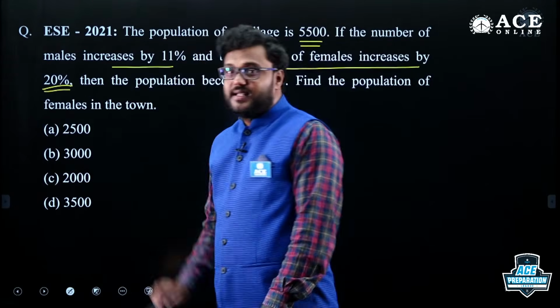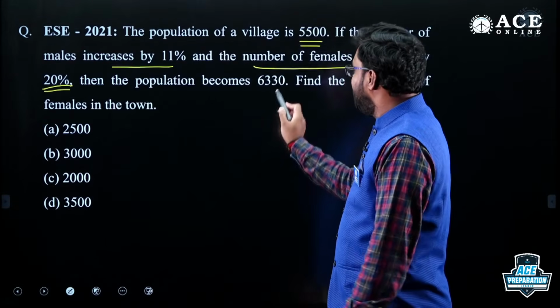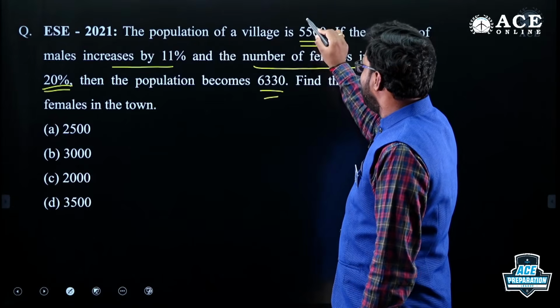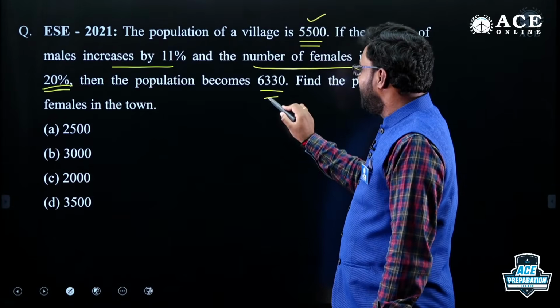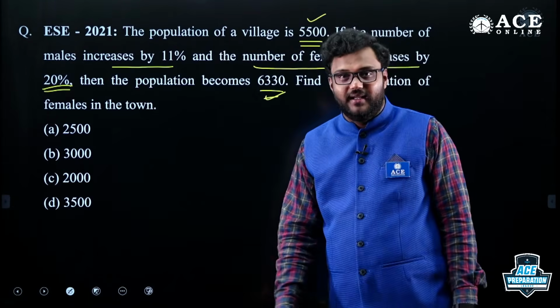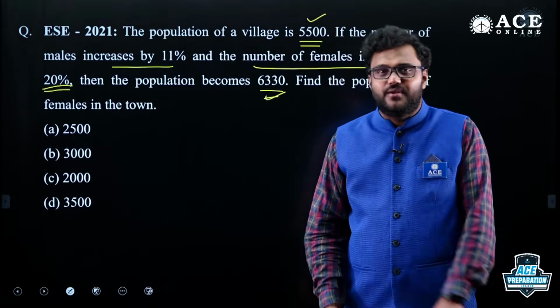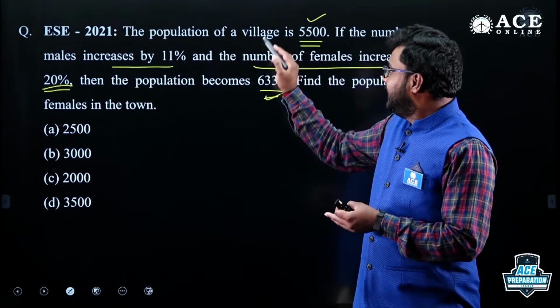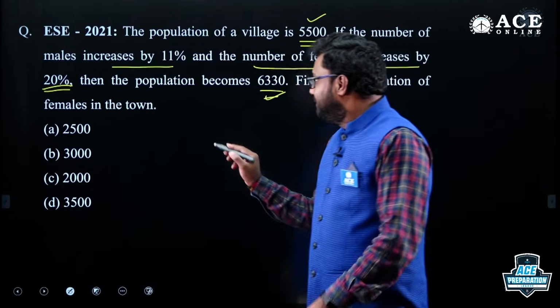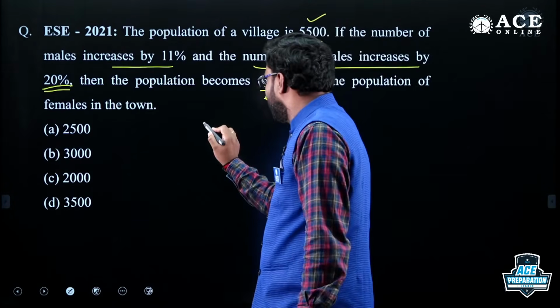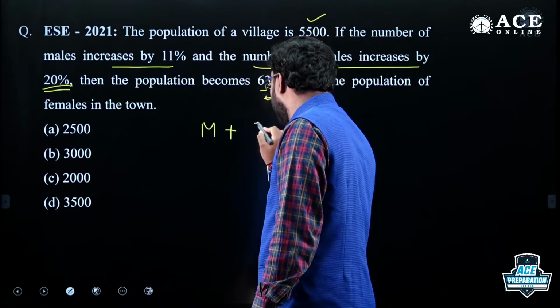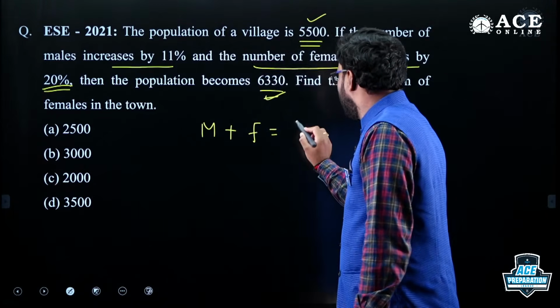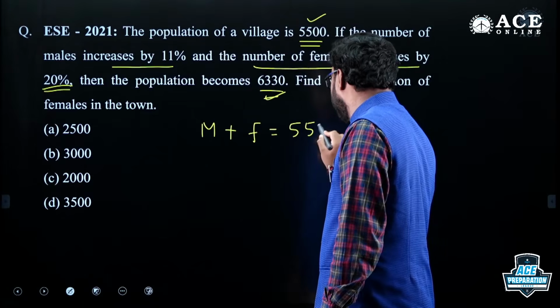See, males increased, females increased, so automatically the population also increases. Previous population is 5,500, now the population is 6,330. This question also you can handle using mixtures and alligations, or else the basic way. Initially, male and female together, in that village there are 5,500 people.